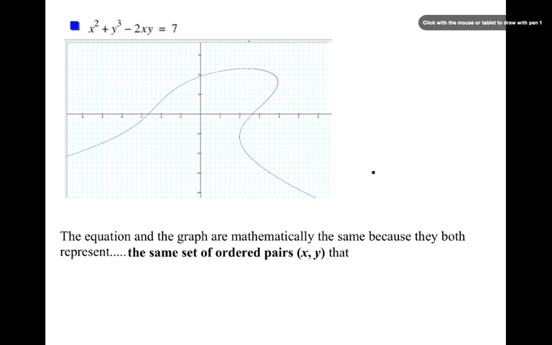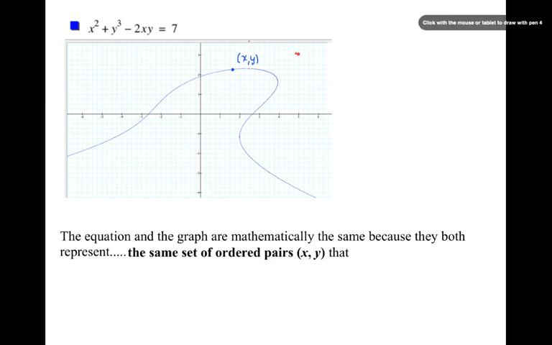How does that set of ordered pairs relate to the equation? Makes it true, right? So what can you say about this point right here? If you took its x and its y and you plugged it in here, it would be 7.